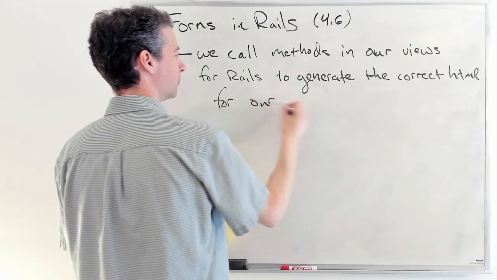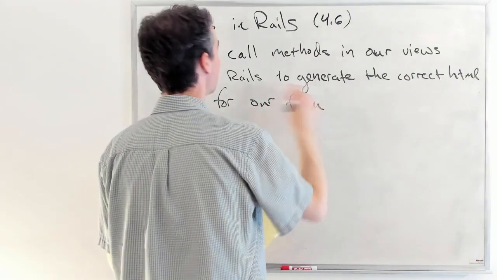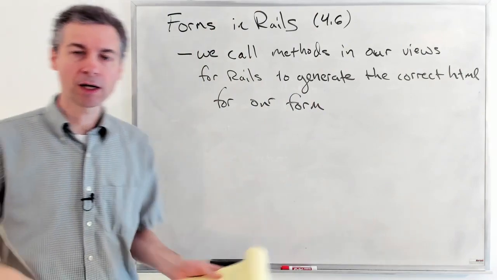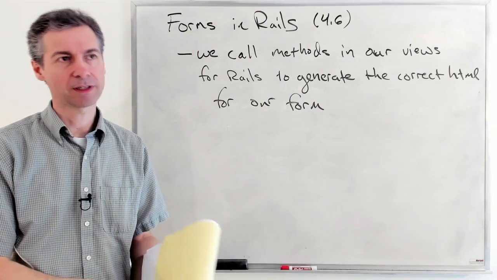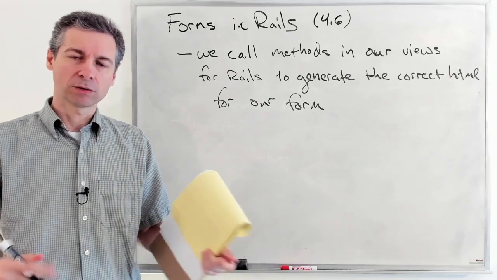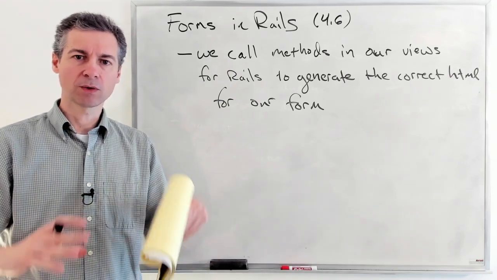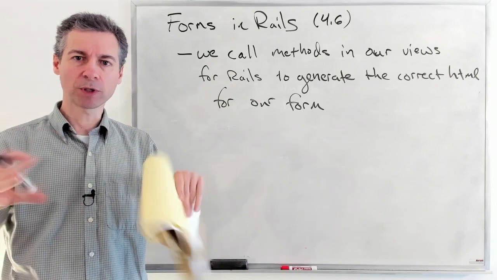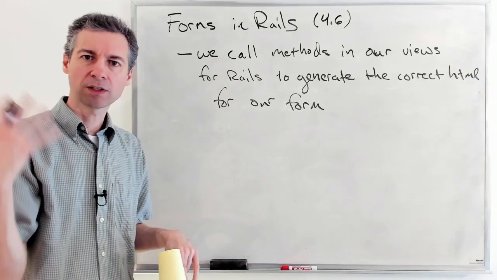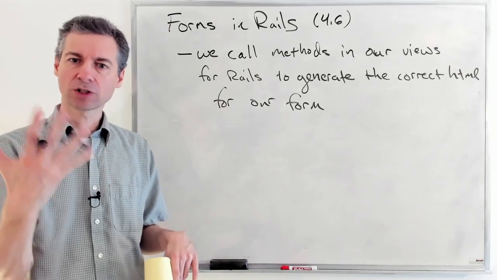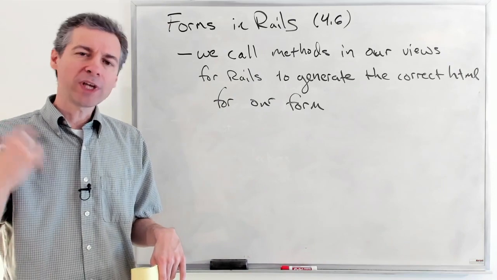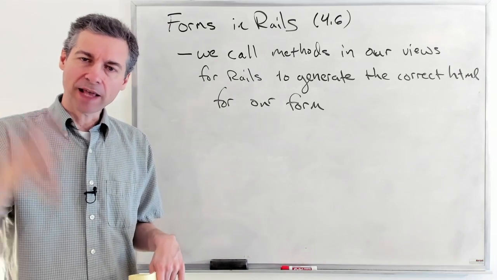for our form. Okay, so we've talked about HTML forms, and this is a little frustrating. We ultimately produce HTML that goes back to the user, and then the browser interprets that and shows the nice web page to the user. But we don't write the HTML form.